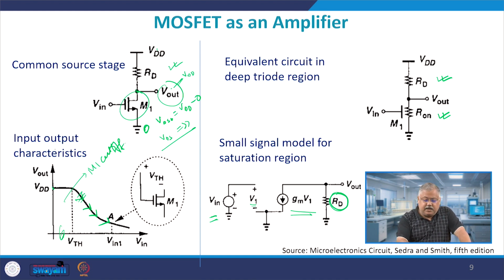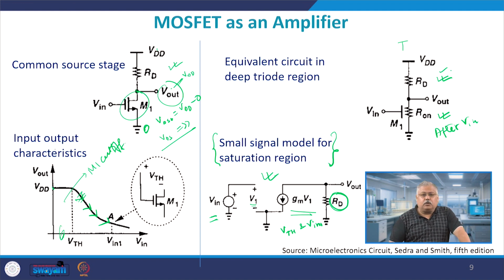So, this is my small signal model for the saturation region which you see here, and this is for the triode region. So, this model which you see here is applicable between Vth and V in 1, and after V in 1, this is applicable, right.